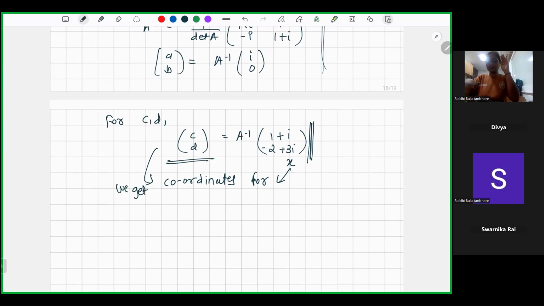Once we have A inverse, we can find coordinates in one go for any given element X from the vector space. If there are any doubts, please let me know. Otherwise, we can stop.